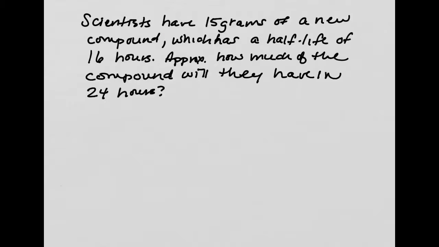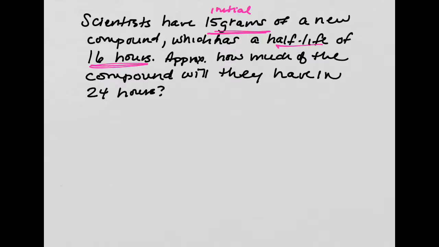Okay, one final example. This one is similar, but slightly different in the question that's being asked. So scientists have 15 grams of a new compound. Okay, so this is our initial amount. And it has a half-life of 16 hours, right?